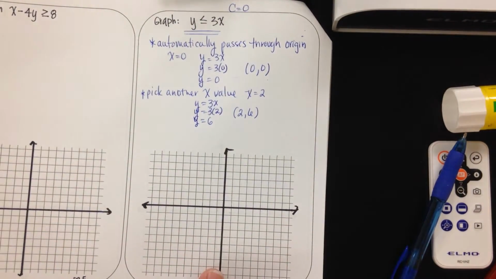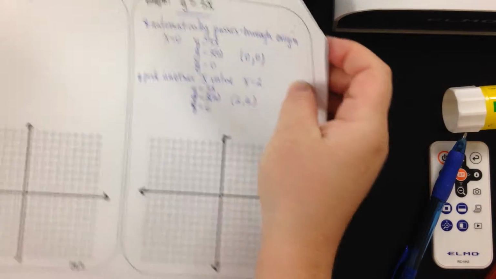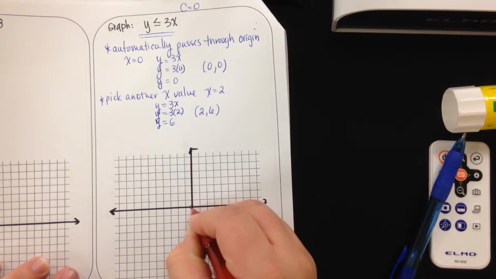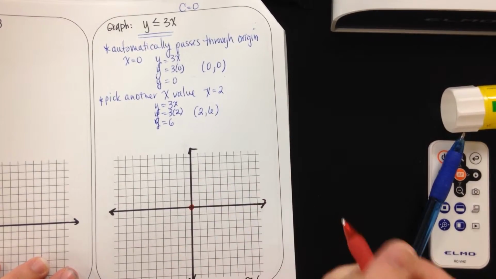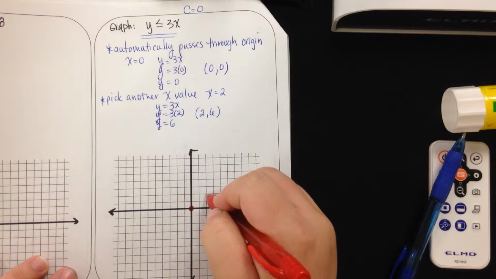I forgot to plot those on there. And then go ahead and plot your 2 points. (0, 0) is here in the middle. And then (2, 6). We're going to go over on the x-axis 2 and then up 6.